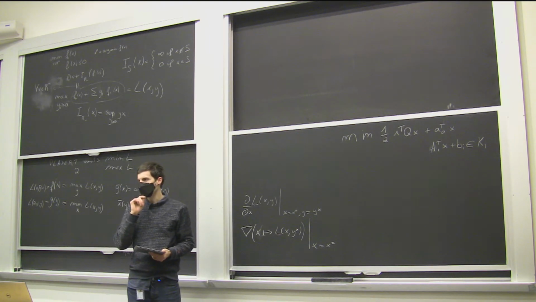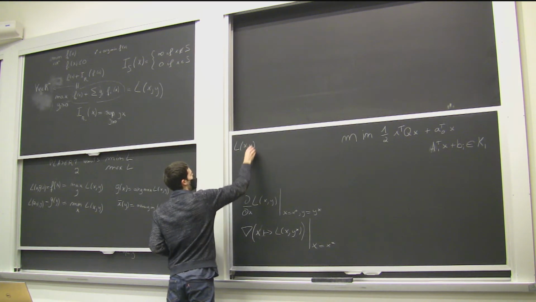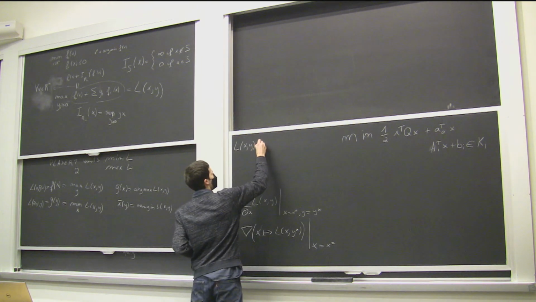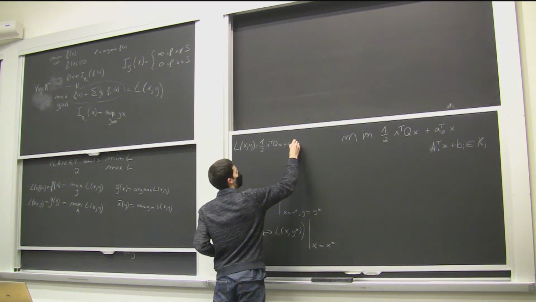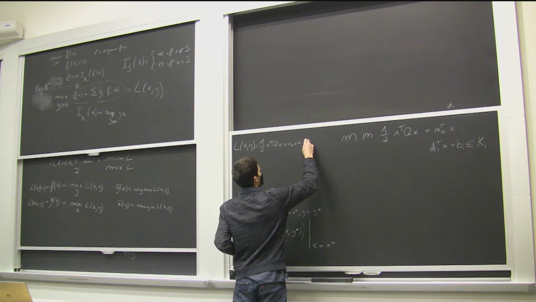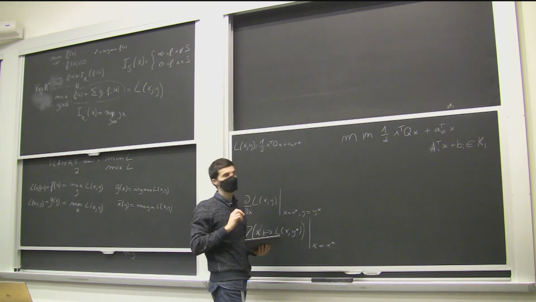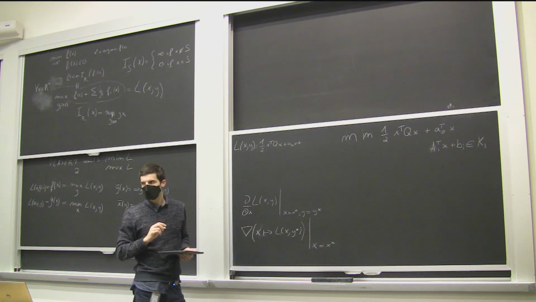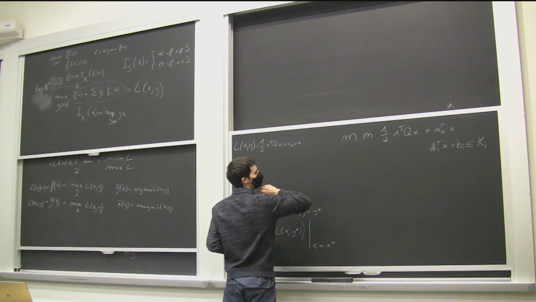So the first step is the Lagrangian. So you take the sum of y_i times f_i of x.